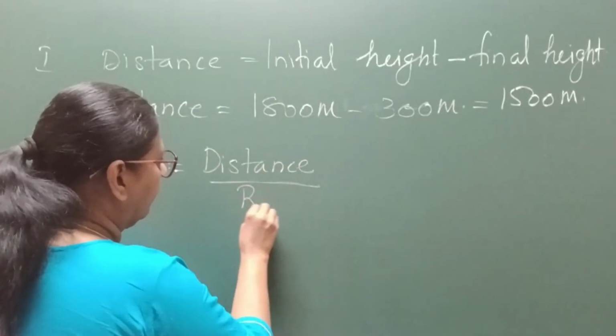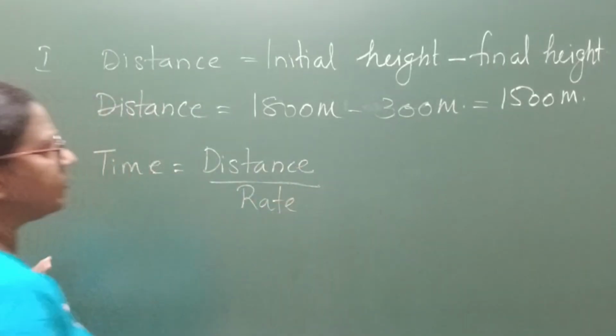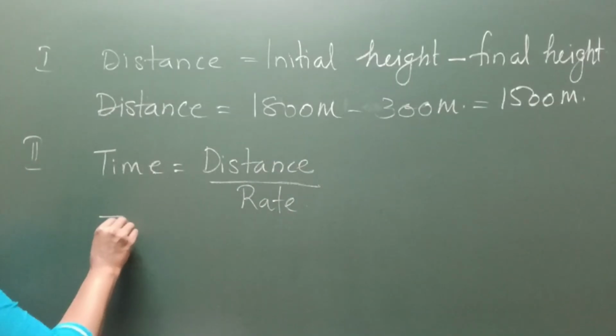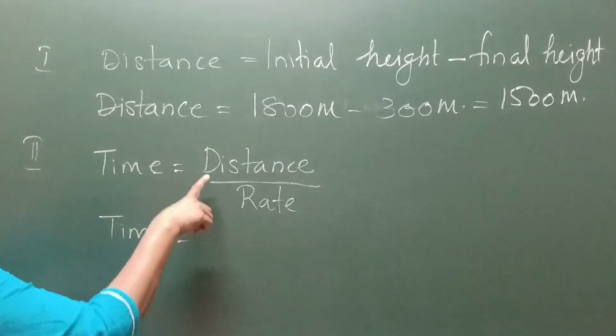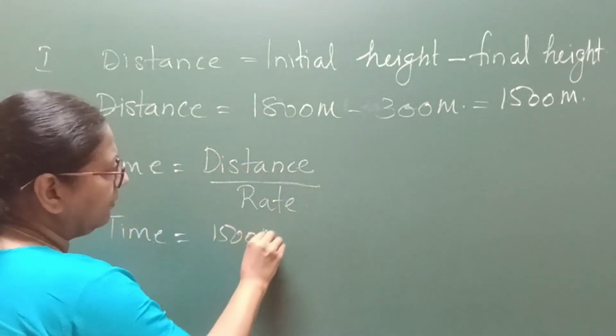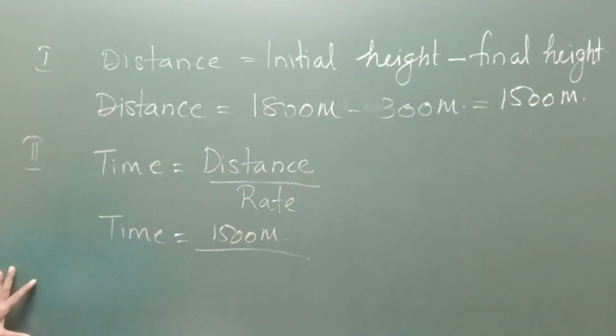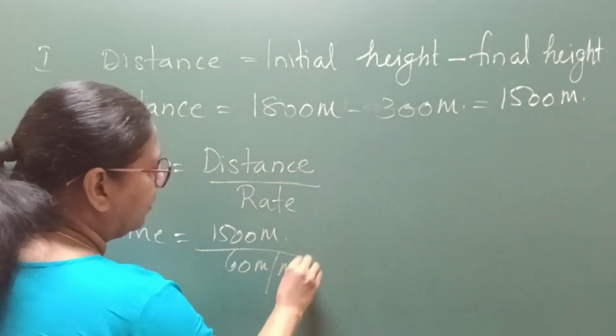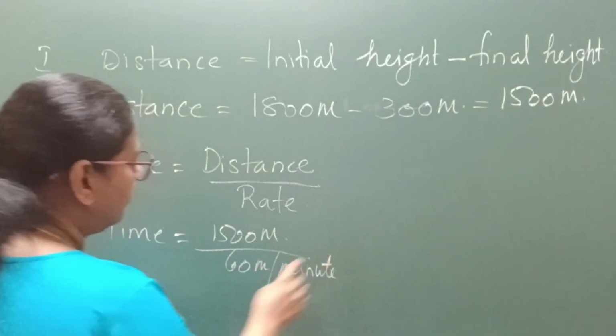That's why we first found the distance. Time is equal to distance, which is 1500 meter, upon the rate, which is already given in the question, 60 meter per minute.